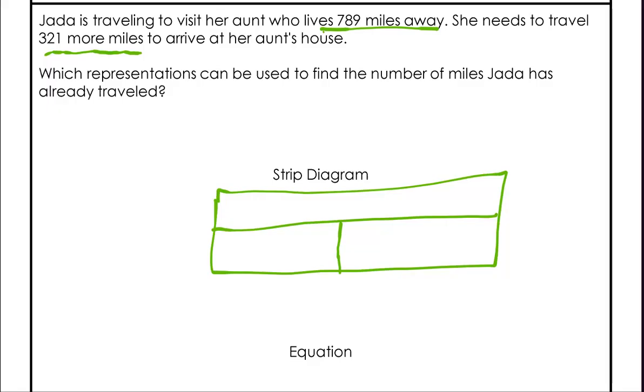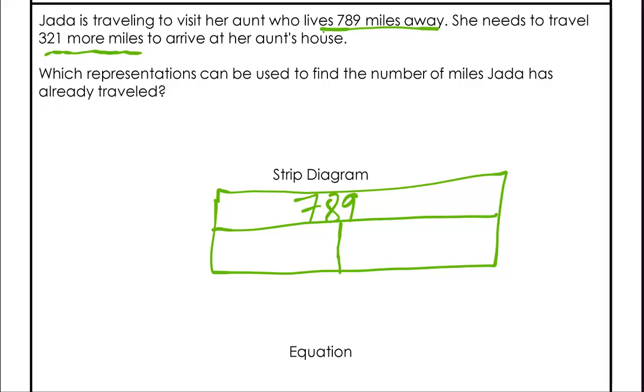So strip diagram. We know that the total is what? Right, 789 miles away. Why? Because that's how far they're traveling. So we know that 789 needs to go in the whole or the total part. Now we have 321 more miles to arrive at her aunt's house.